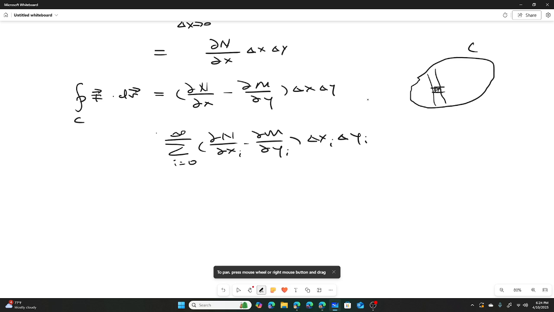This is just the definition of the double integral over R of the partial of n with respect to x minus the partial of m with respect to y, dA. Okay, so that's a proof of Green's theorem.